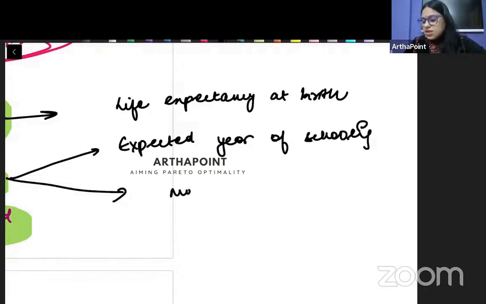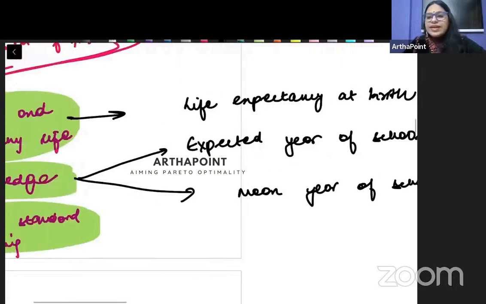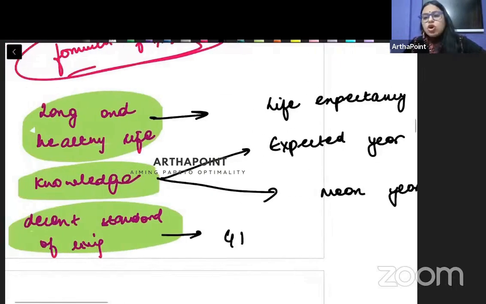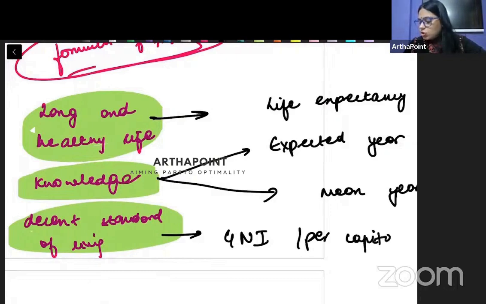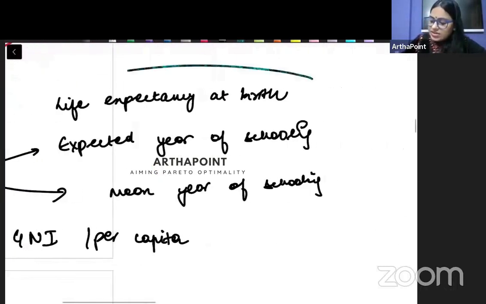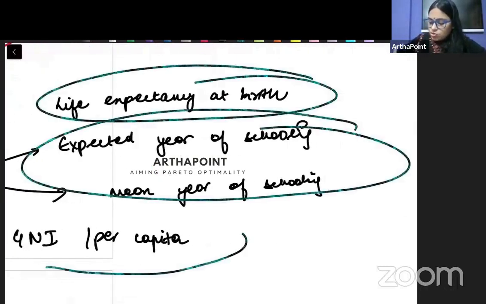And second is known as mean year of schooling. And इसको हम measure कर लेते हैं from gross national income per capita. Gross national income per capita. These are the three index that we use.